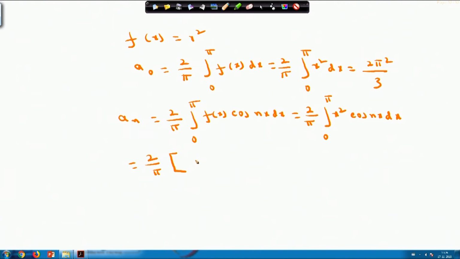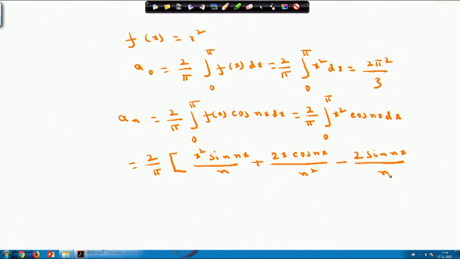You can write this one as 2 by pi. If you evaluate the integral, x square sin n x by n plus twice x cos n x by n square minus twice sin n x by n cube. If you evaluate this integral, 3 terms will come by integration by parts, from 0 to pi.